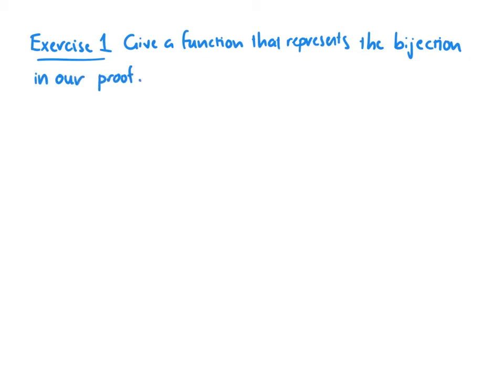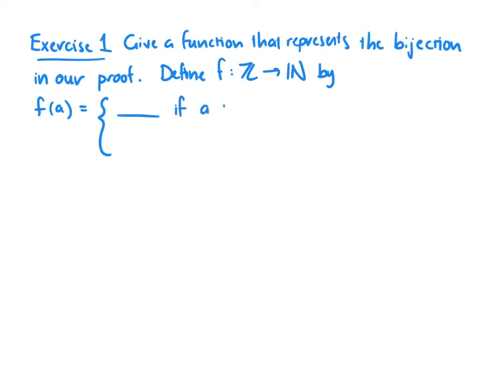So what we want is something of this form. We want to define f from the integers to the naturals by f of a equals, and then we have to go from here. So it's fine to do it in pieces. So it should be a piecewise function here, right? So it's blank if a is whatever, blank if a is something else.